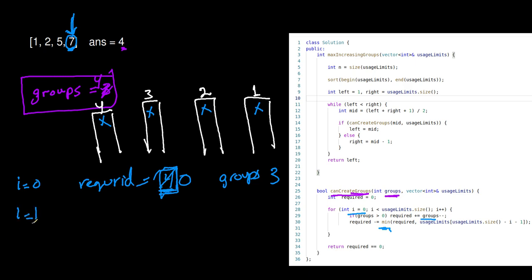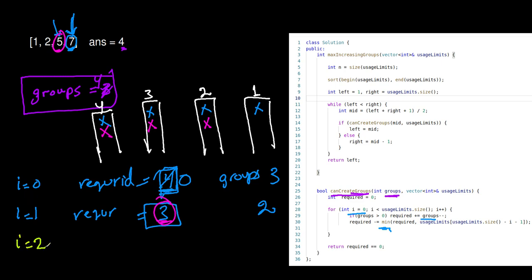Now I equal 1, required equal the number of the groups, 3, and the number of groups minus minus is 2. Now we need 3 elements for this iteration, and here we have 5. We take the minimum, so 1, 2, 3.